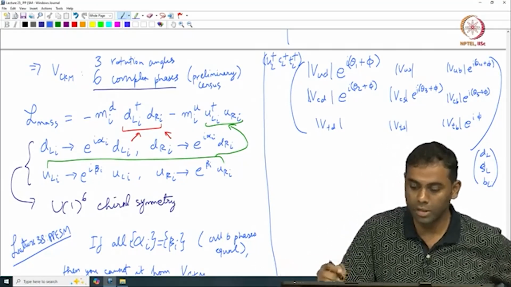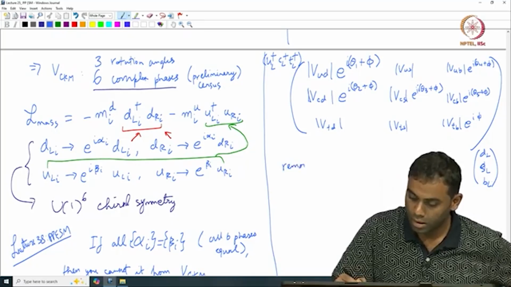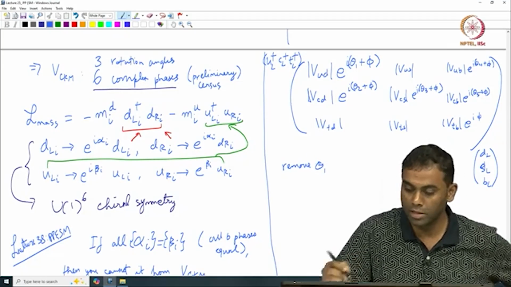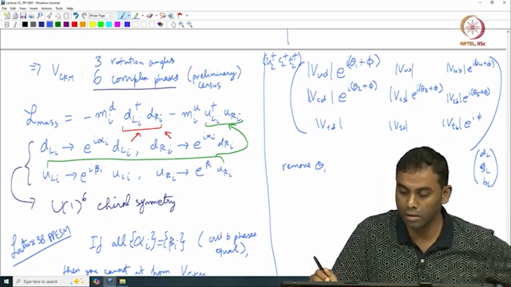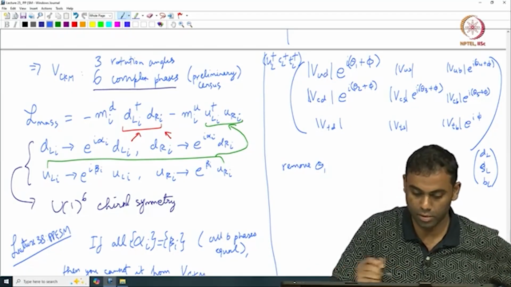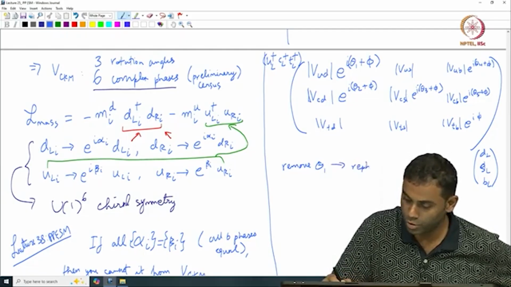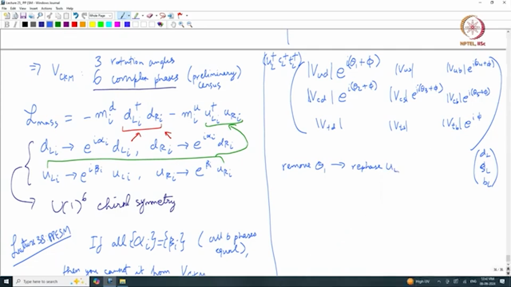Now I can absolutely remove theta 1 by refacing the UL, correct, with a reface of UL basically as UL e power i theta 1, and then I can eat up this phase in the mass base.